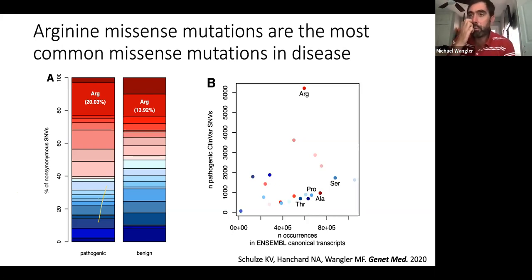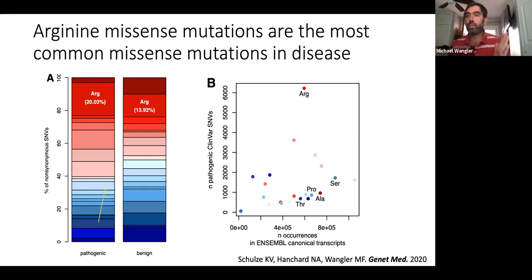But one thing the peer reviewers asked us to do was to normalize that to the size. So we actually looked at the number of occurrences shown here in panel B. On the x-axis, we have the number of occurrences of those amino acids in all the canonical transcripts.